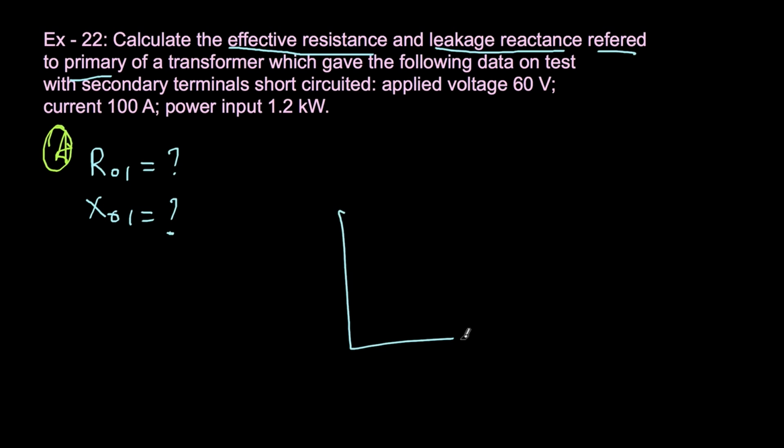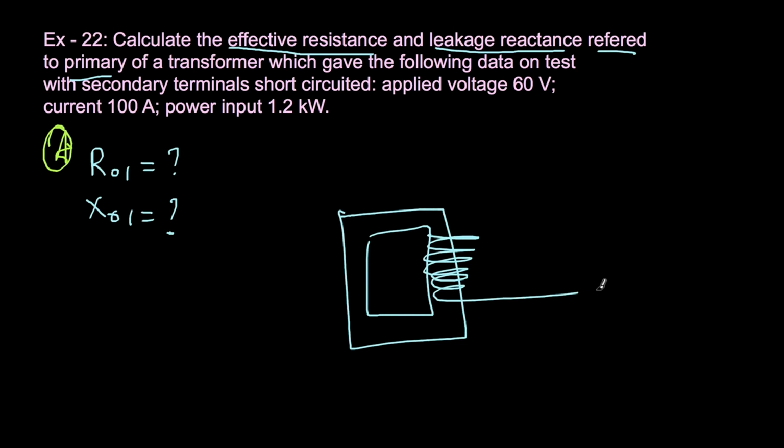Okay, so let's see what is going on here. The secondary terminals are completely short circuited. That means V2 equals 0, and of course E2 is not 0, there will be some voltage drop.